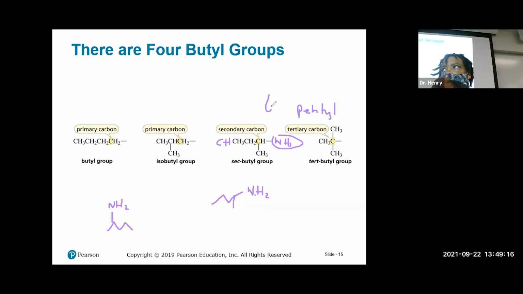So if it was tert-pentyl alcohol, you'd have your iso carbon, and then this is your center one. Then you'll have CH3. This guy would be CH2. And then this guy would be our alcohol, OH.